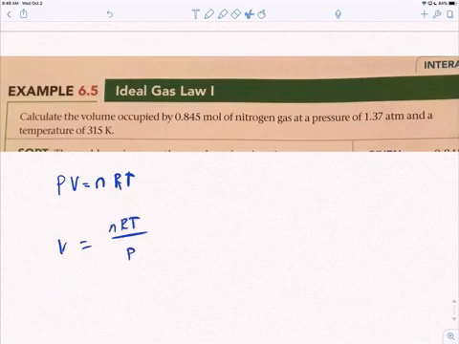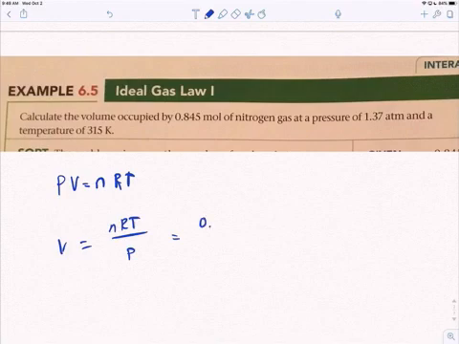Or I can multiply both sides by 1 over P, however you want to do the algebra. So solve for your unknown. Our unknown is the volume, is nRT over P, and then just put in the numbers.